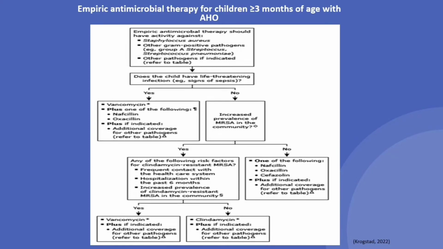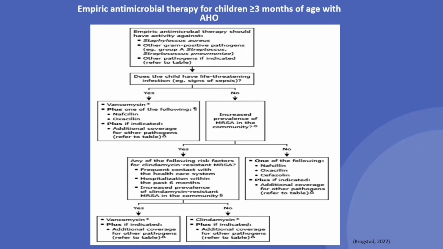Next is to consider whether the child has a life-threatening infection, like signs of sepsis. If yes, then the empiric antimicrobial therapy should include vancomycin plus any of the following: oxacillin and nafcillin, plus, if indicated, additional coverage for other pathogens, which may be in the table on the next few slides.